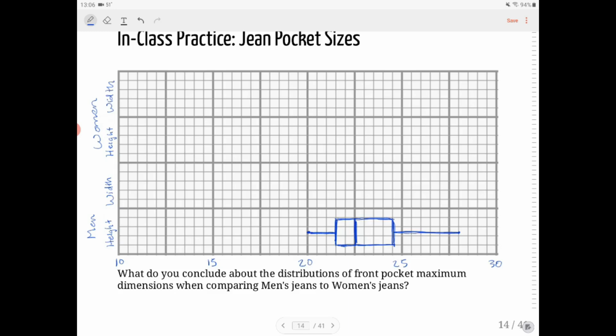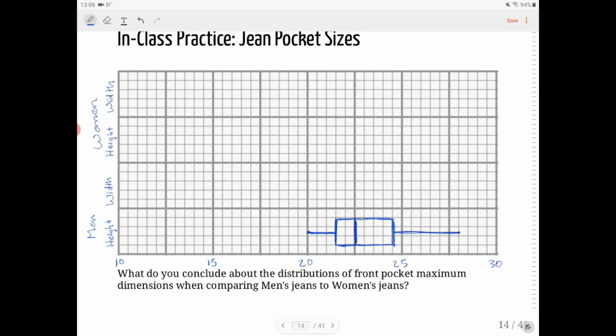So those are the numbers I'm working off of. From that, we know that our interquartile range is 17 minus 15.5, which is 1.5. 1.5 times our interquartile range is 2.25. Okay, so that's the distance we're going to go from either side of our box.